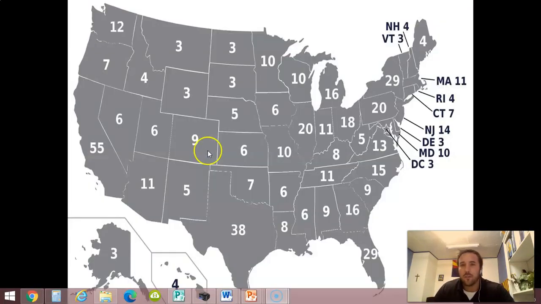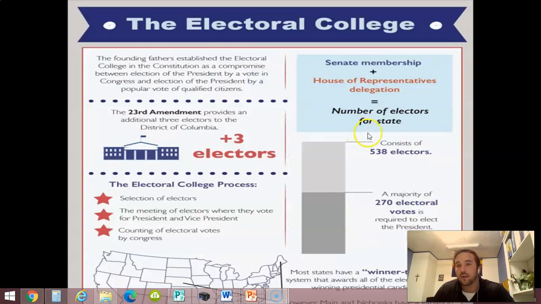If you go back and let's say a candidate wins every single state, well, the total is 538. So, if you get to 270, that's more than half, barely, more than half of 538. That's why you need 270 to win, to be president.